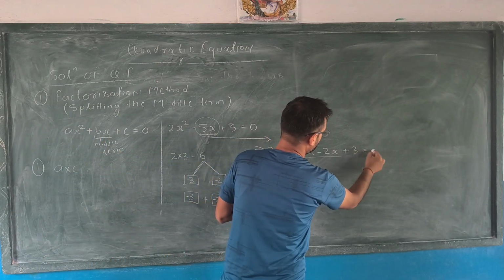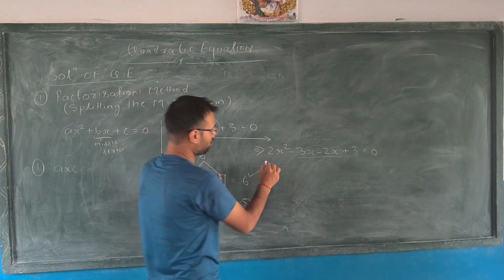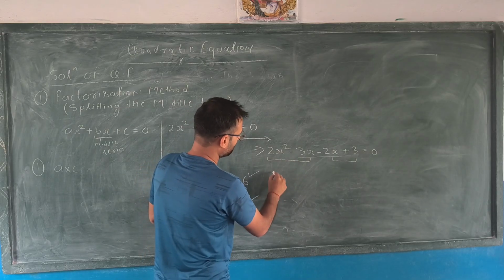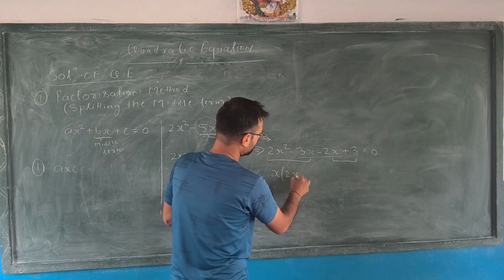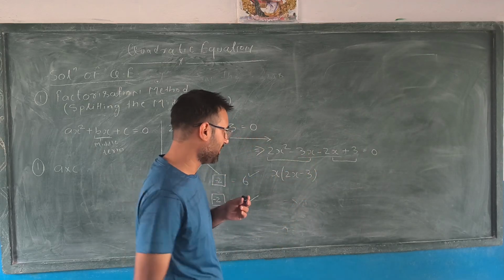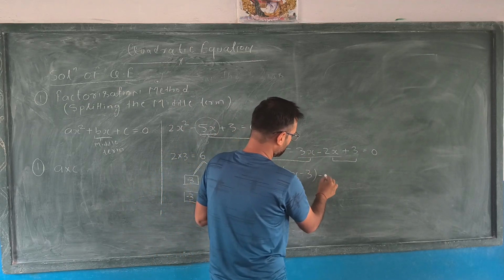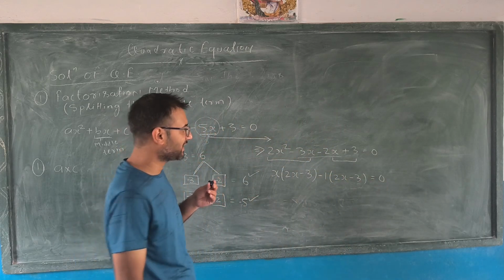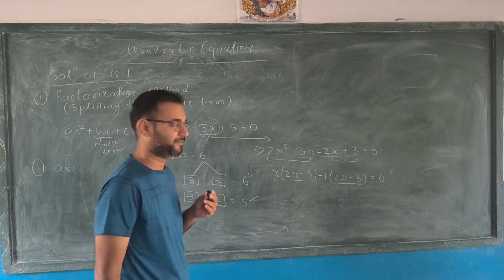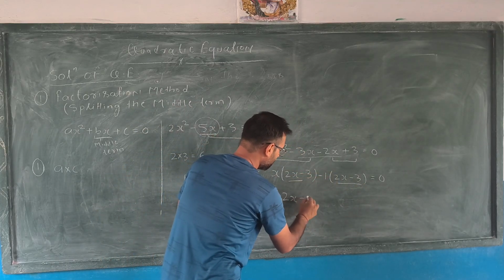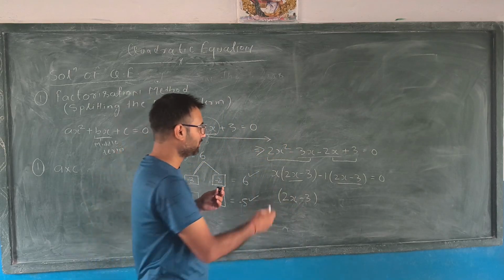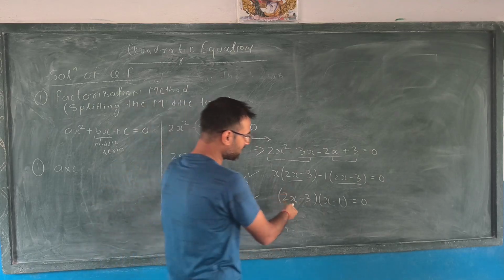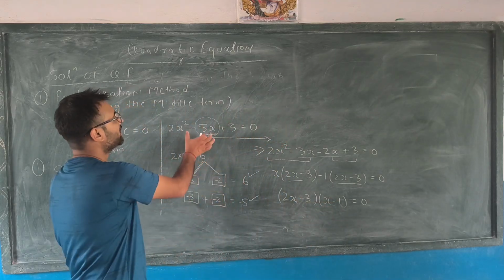Now we take the common part: x is common, so x(2x minus 3) and minus 1 times (2x minus 3). Arranged this way, these two terms have 2x minus 3 in common, and the remaining term is x minus 1. These two are the factors of this equation.